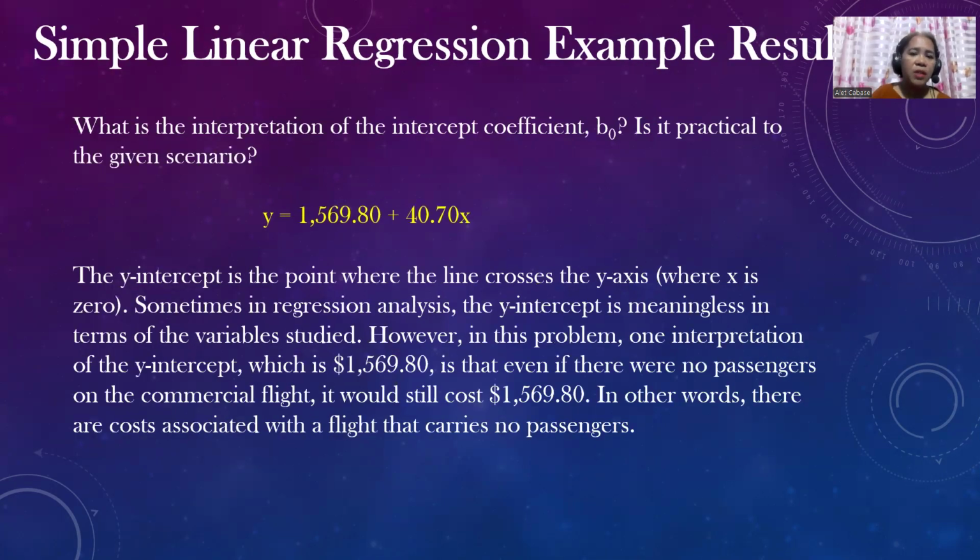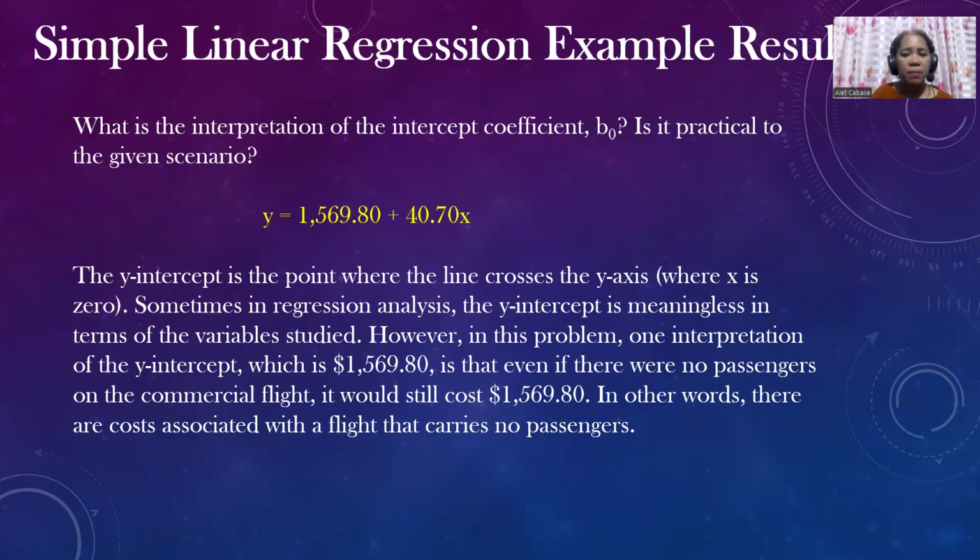Then what is the interpretation of the intercept coefficient b sub 0? Is it practical to the given scenario? The y-intercept is the point where the line crosses the y-axis, where x is 0. Sometimes in regression analysis, the y-intercept is meaningless in terms of the variables studied.